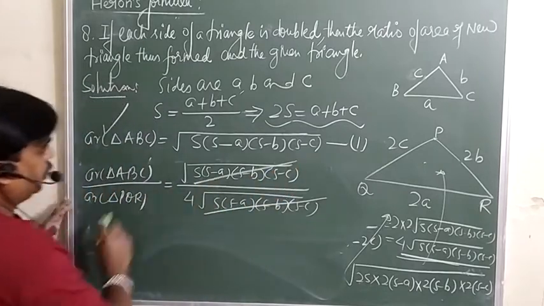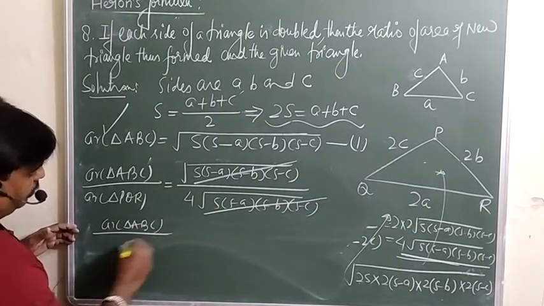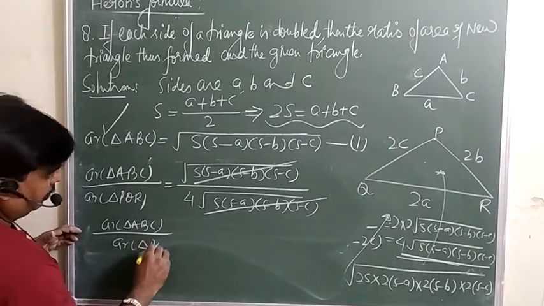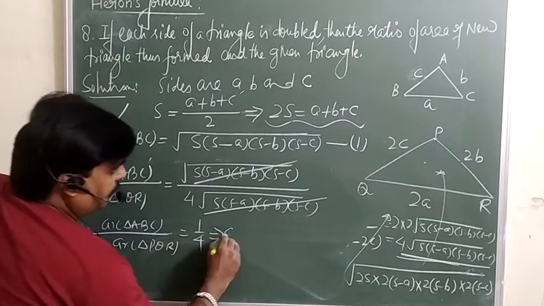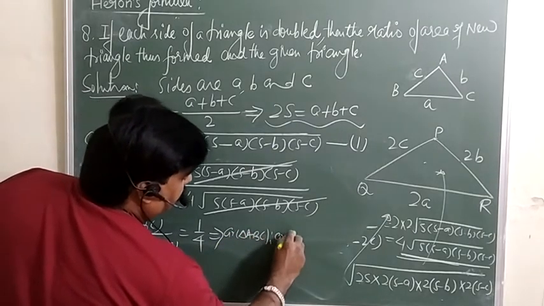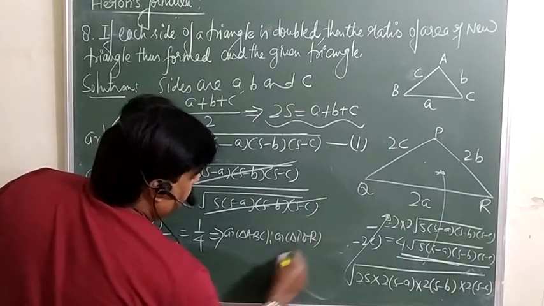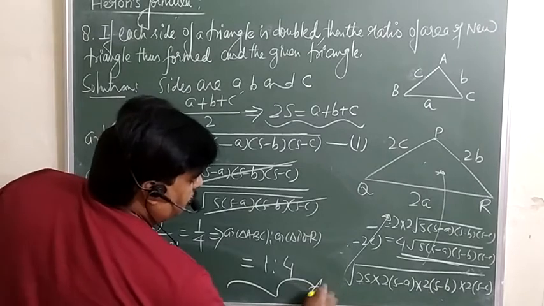You can cancel this, so you are getting area of triangle ABC over area of triangle PQR is equal to 1 over 2, or you can say the ratio of the area of triangle ABC to the area of triangle PQR is 1 to 2. This is your answer. Have a look.